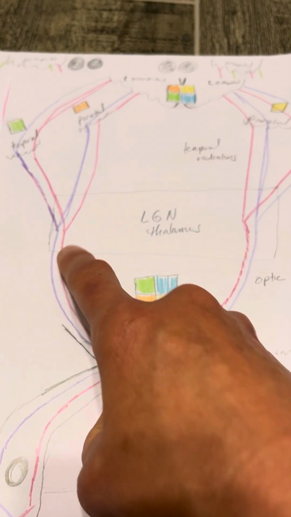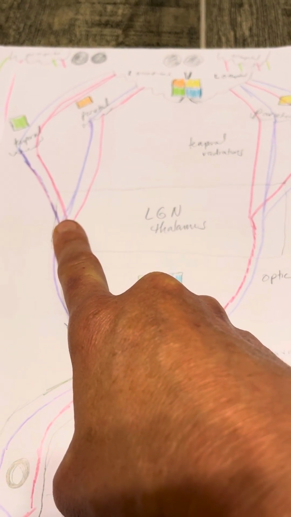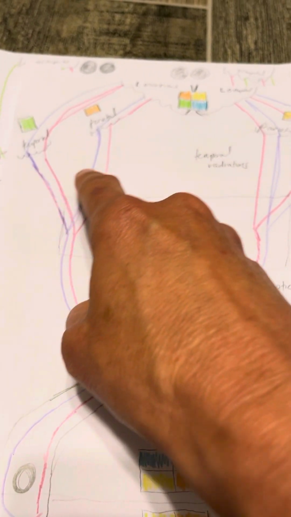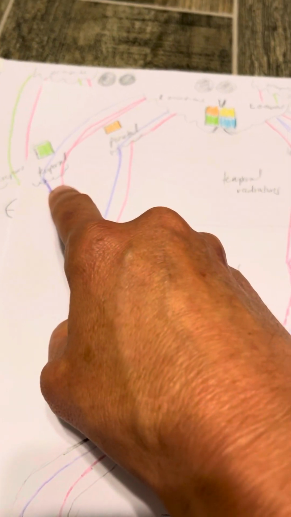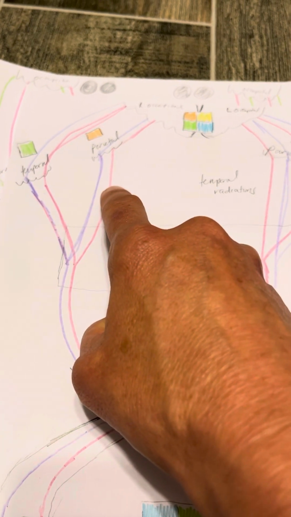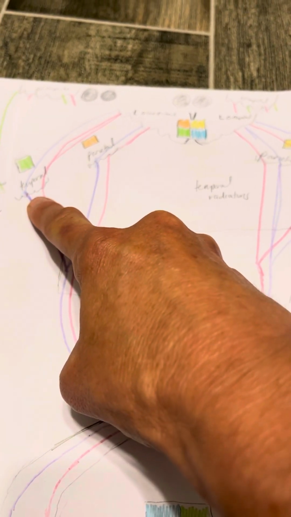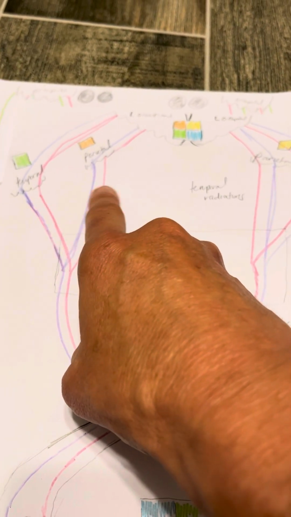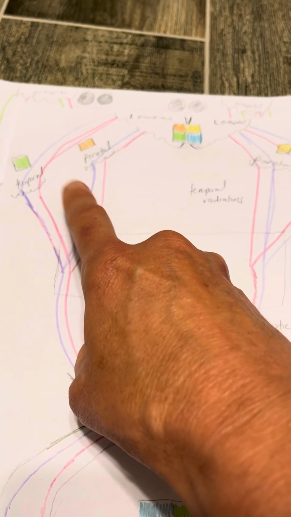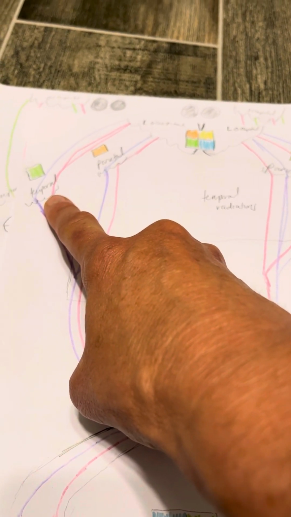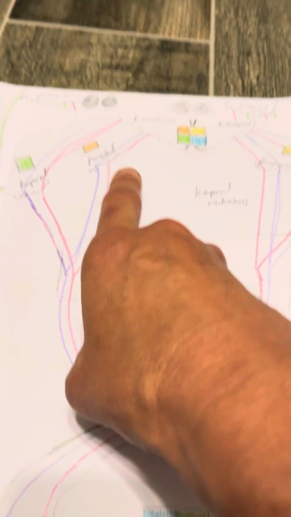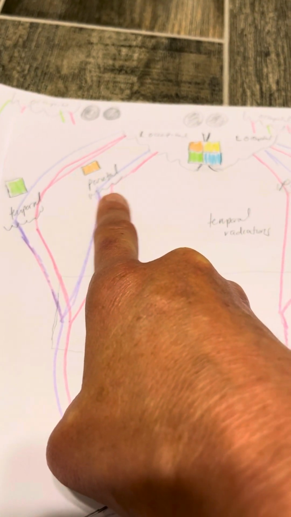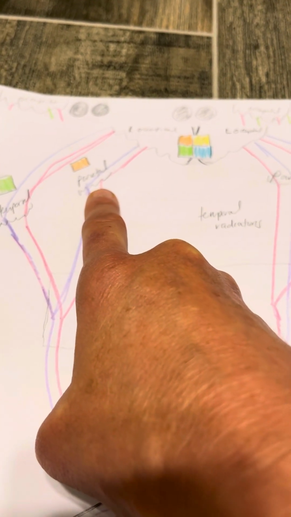The optic tract will carry up to the lateral geniculate nucleus of thalamus, and there it divides into radiations. And you have a temporal radiation, and you have a parietal radiation. They're both carrying the same visual field, the left visual field, but the temporal radiation is carrying the upper field of vision, and the parietal radiation is carrying the lower field of vision.